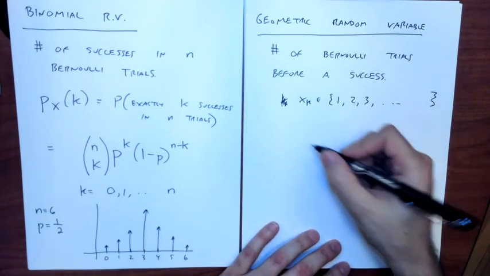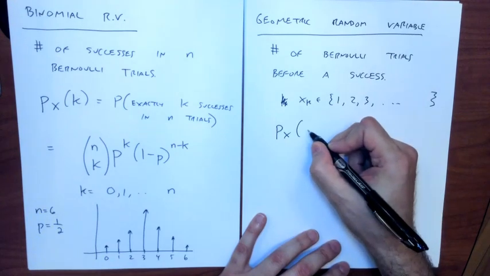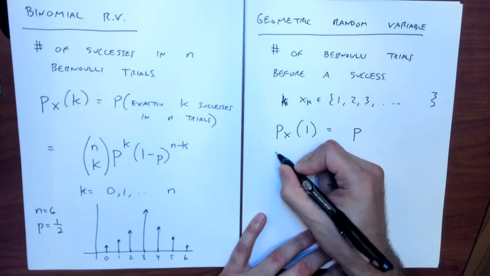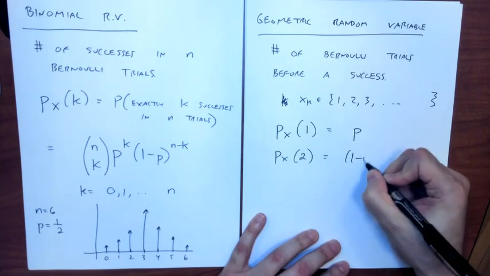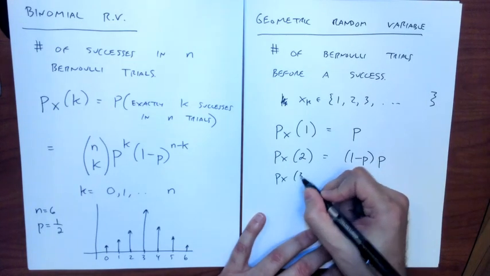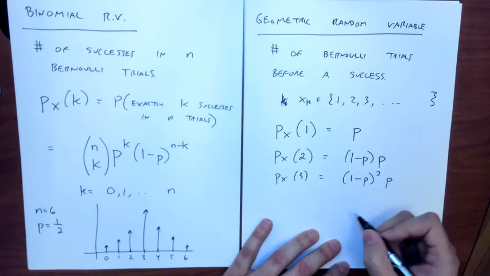We showed in a bunch of other cases that the probability of succeeding on the first try is p. The probability of requiring exactly 2 tries is I fail once and then I succeed. The probability of needing 3 trials is failing twice and then succeeding once. And so I can see the pattern.